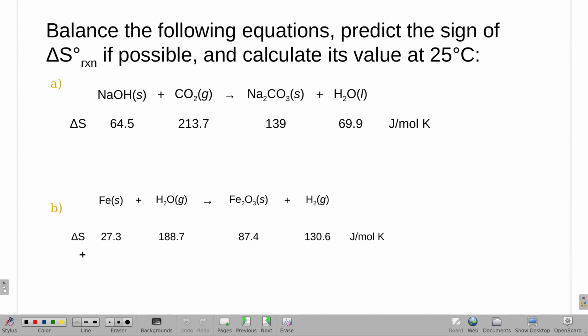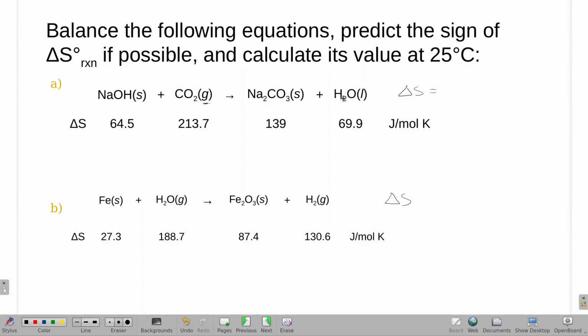Alright, so let's practice this with some values from the back of the book. And we're going to get a delta S of each of these reactions. Now, first thing we're going to do is try to predict if we think it's a positive value or a negative value. Not an actual value, just if it's positive or negative. Now that first one, we can kind of do that, because as one of my reactants, I have a gas.